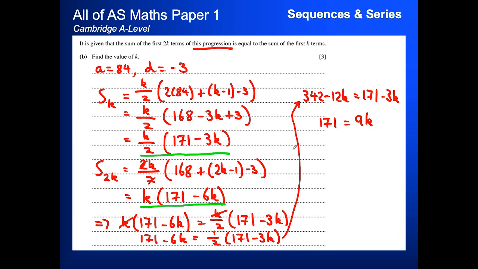I'm hoping this is where everything works nicely. So k is equal to 171 divided by 9. This is where you hope you get a whole number out of it. So 9s into 1 don't go, 9s into 17 go 1 remainder 8, 9s into 81 go 9, so k is equal to 19. Again, feel free to use your calculator for these kinds of calculations as well.